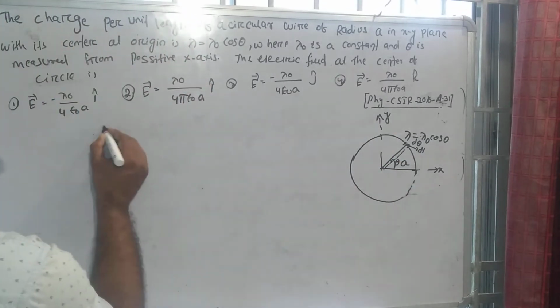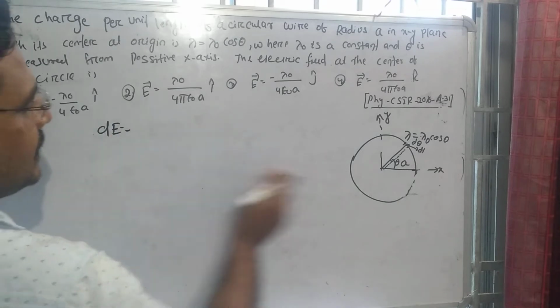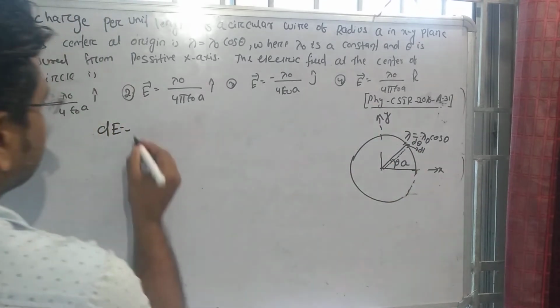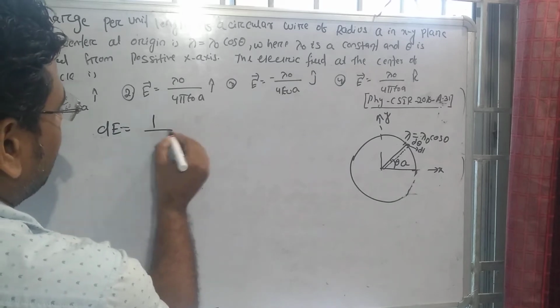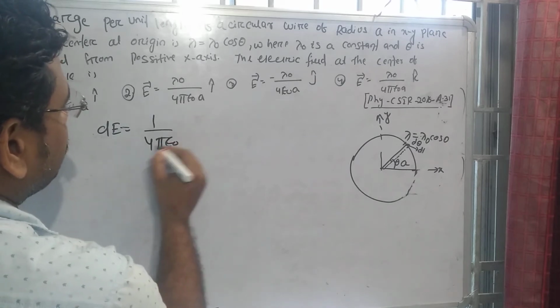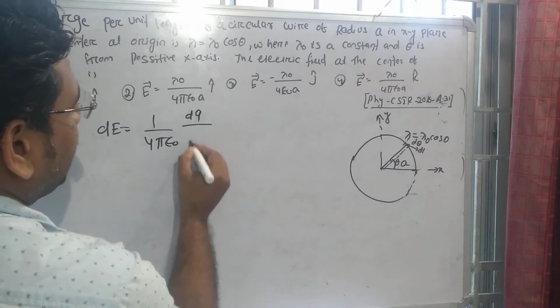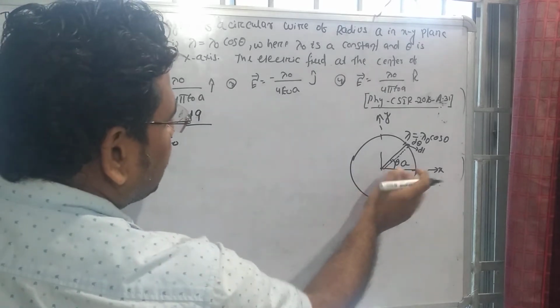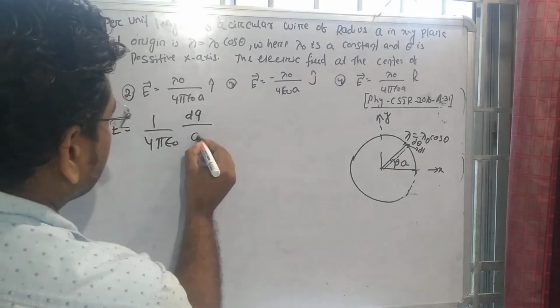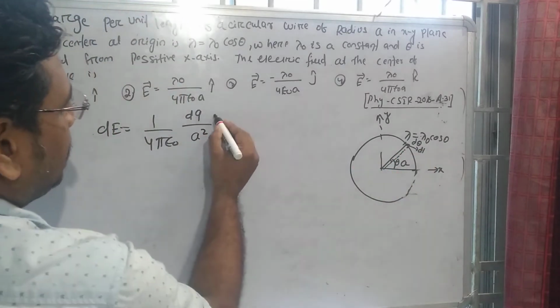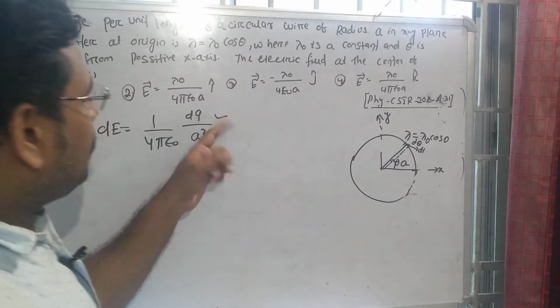So now we can calculate the electric field due to the very small element, which is dE equals 1 by 4 pi epsilon 0, dq by r square. Here r square means the radius squared, which is a square. But what is the value of dq?